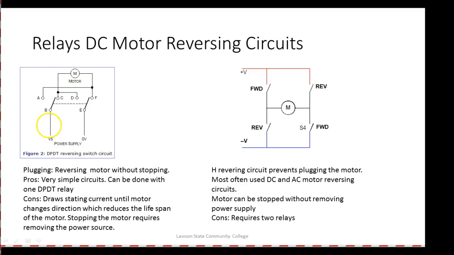What they're using is what we call a double pole double throw contact or relay. Now the problem with this is that the motor's going to run, and when you flip it, it's going to reverse just like that. We call it plugging. We don't like plugging a motor. We don't like changing the direction of a motor without bringing it to a complete stop.